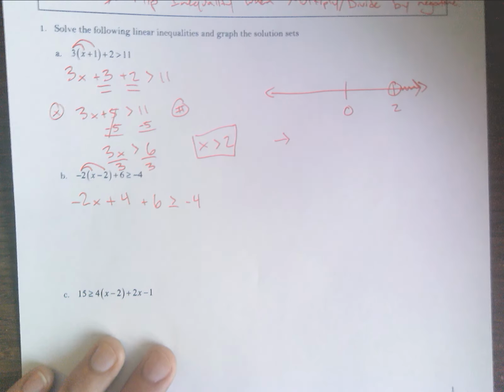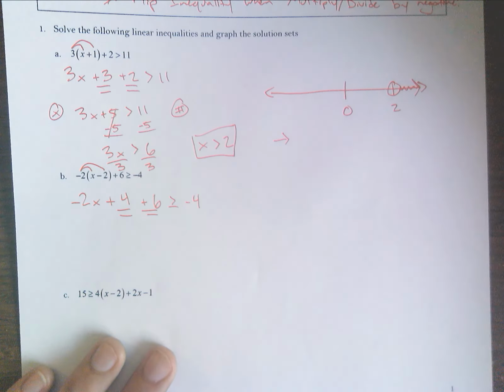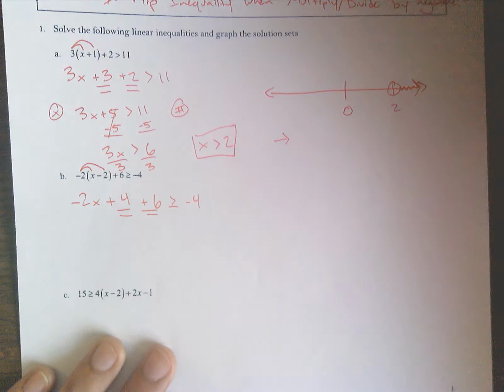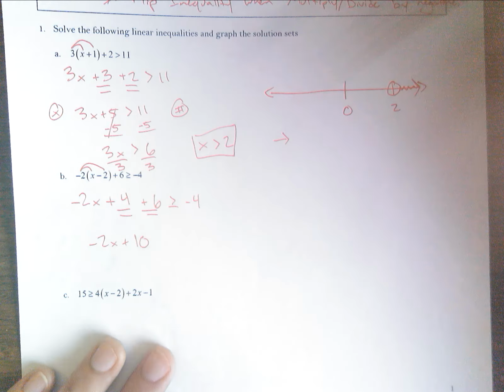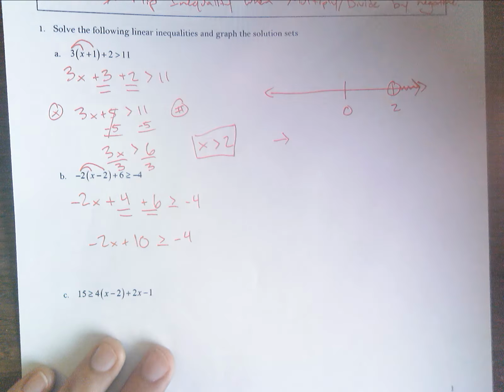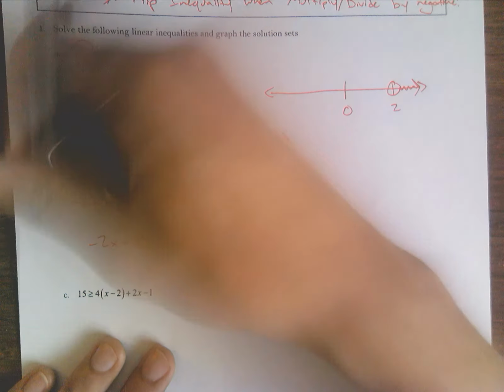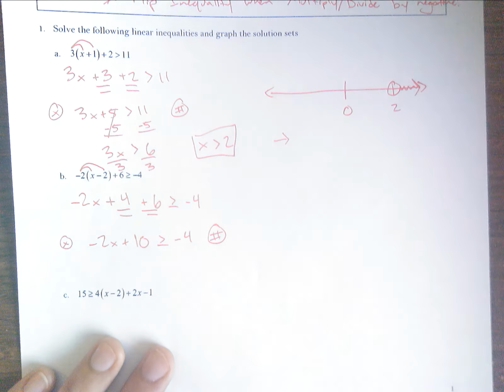Next up, we combine like terms. So I see a plus 4 plus 6. So our 4 and 6 becomes 10. So you have negative 2x plus 10 is greater than or equal to negative 4. We'll choose again our left-hand side to be our variables and our right-hand side to be our numbers.